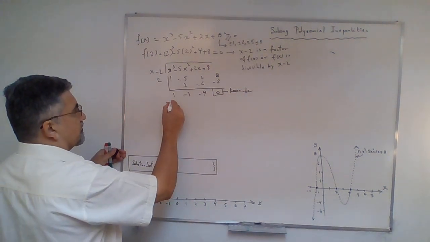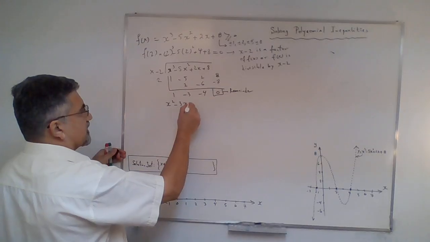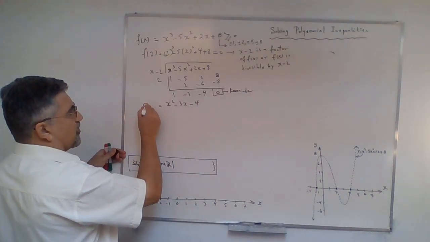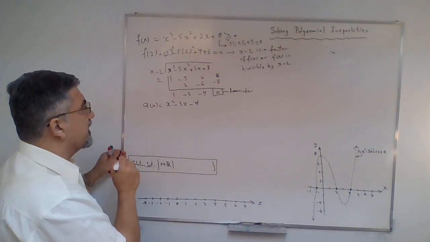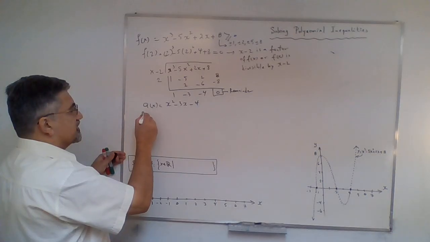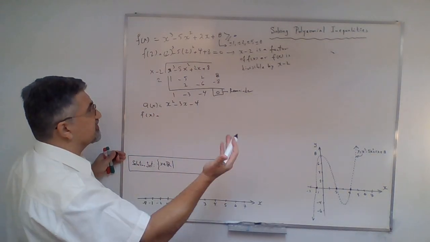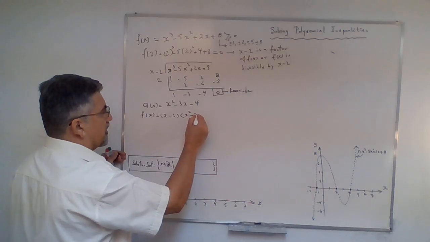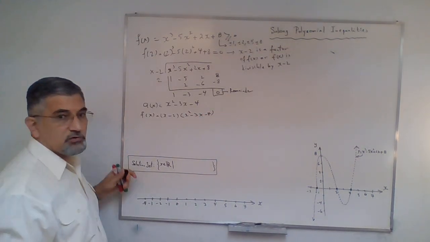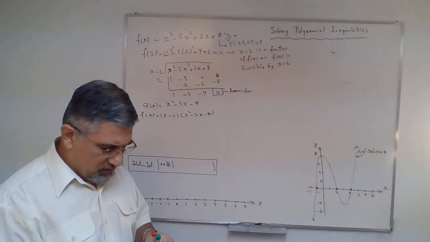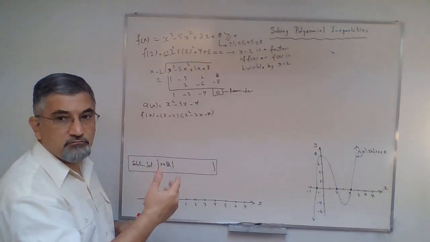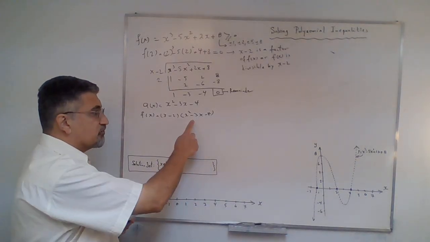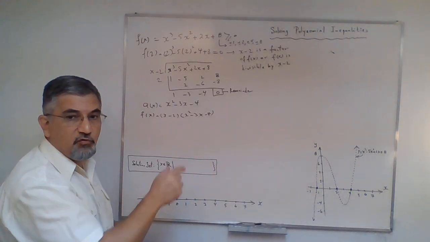And now we have x squared minus 3x minus 4 as our quotient, okay? So f of x can be rewritten as x minus 2 times x squared minus 3x minus 4. We always try to see if we can fully factor. So this quadratic trinomial is perhaps factorable. We need two numbers that add up to negative 3 with a product of negative 4.